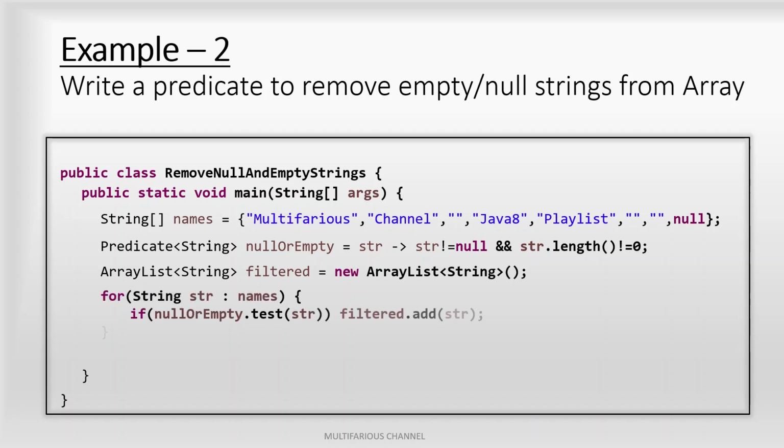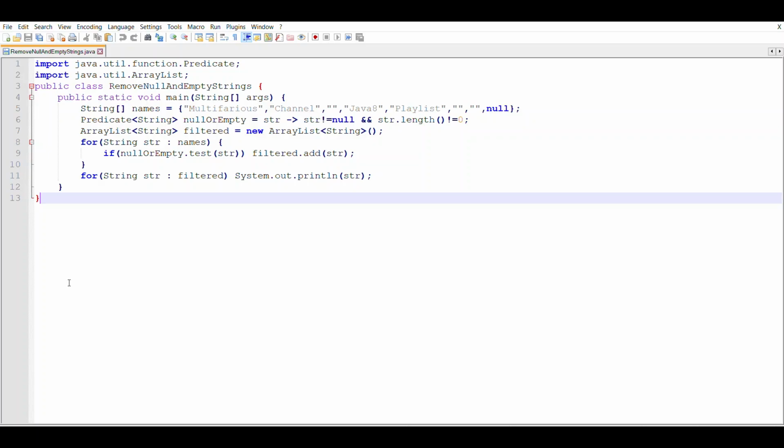At last I'll print the filtered list, because this list contains my names that are not null and are not empty. So let's look at this code in action.